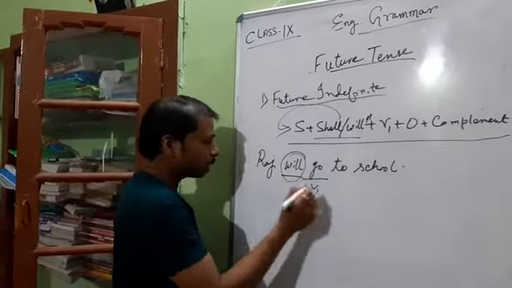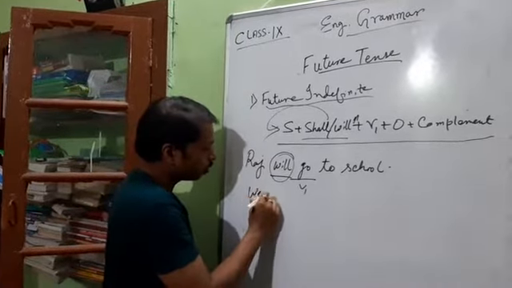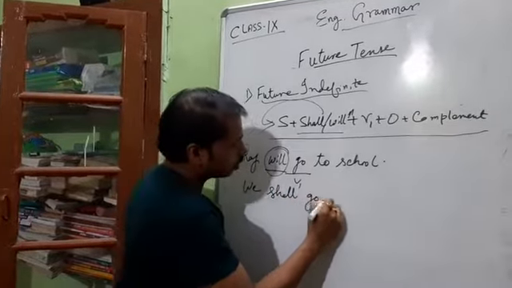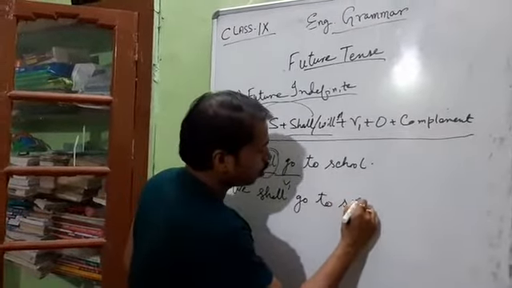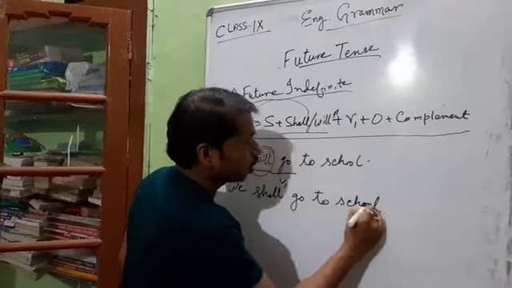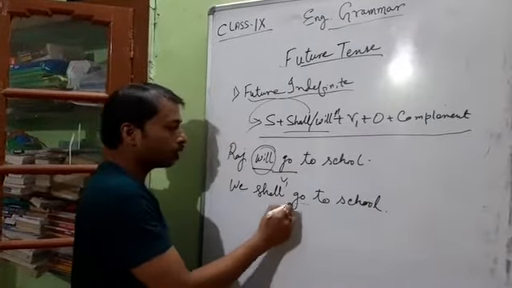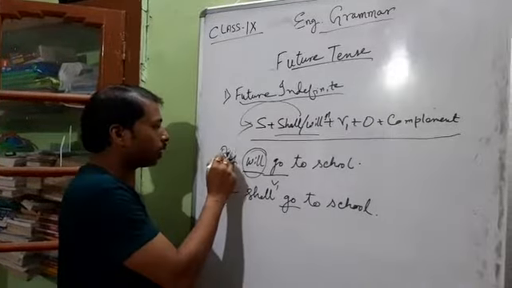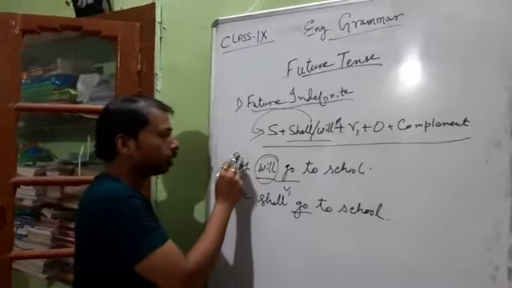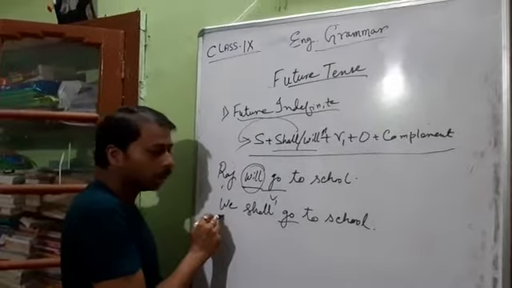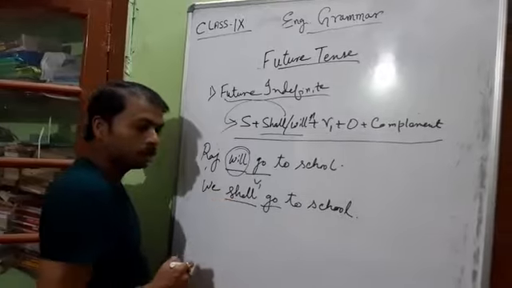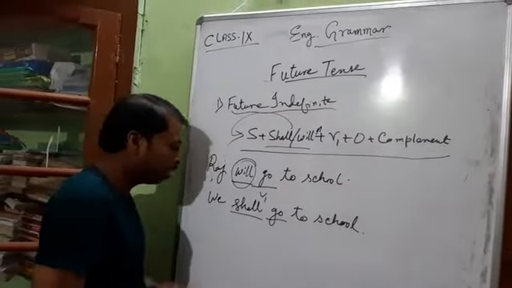Now let me write another sentence. We shall go to school. Now see, what is the difference? Both are the same sentence. The moment I change the subject from Raj to we, the helping verb also changes.